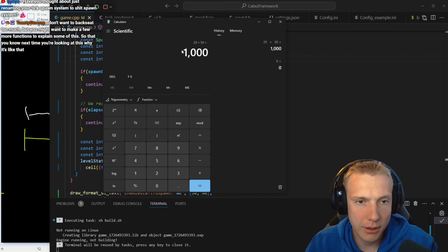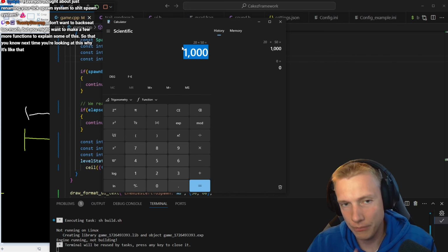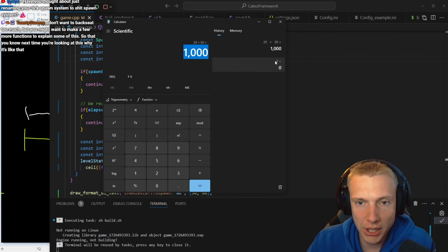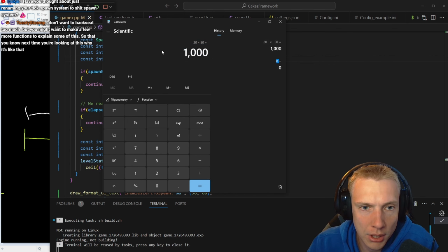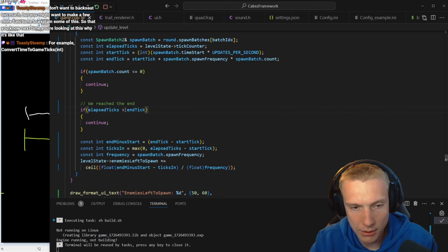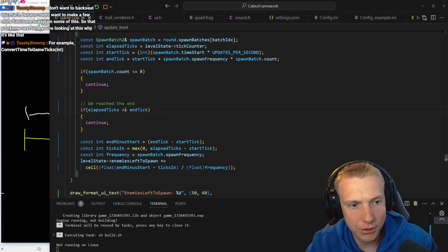That is 1,000 ticks it takes. But if I spawn a unit on the first tick on 0, then that means I spawn on 0 and the last unit I spawn is on 1,000. So I guess the equals has to be here. I don't want to reach the end.